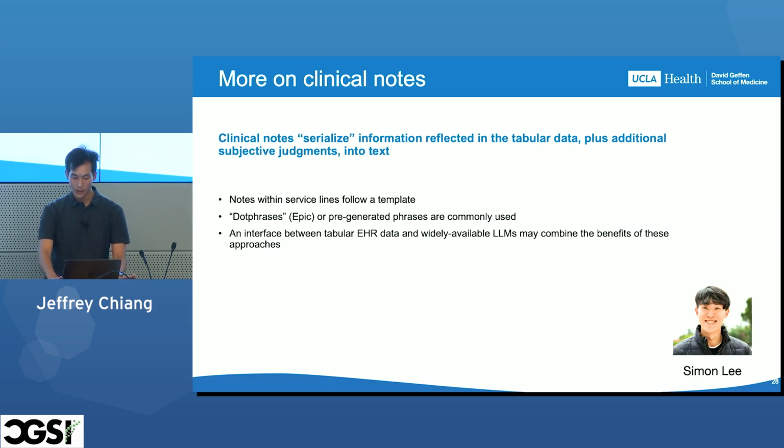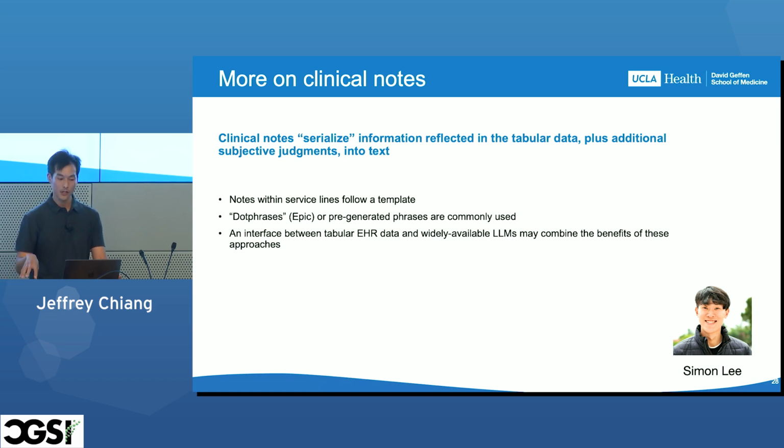So I just want to say a few words on clinical notes. I mentioned before that they serialize information reflected in tabular data, plus some additional subjective judgments. A lot of these clinical notes within specific service lines follow a template.